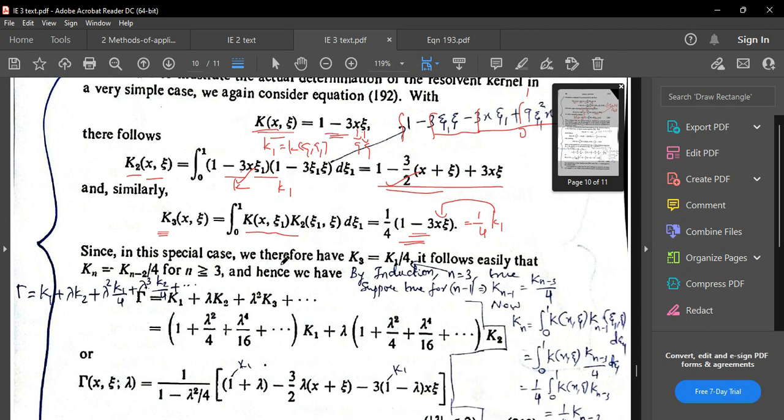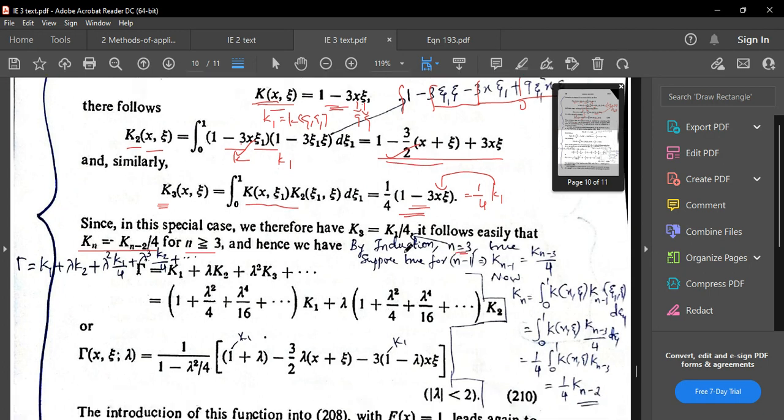So what will we get? We will deduce this formula for n greater than or equal to 3 by induction. When n is equal to 3, we have this, and it is true. So n is equal to 3 is the first step. Suppose it is true for n minus 1, that is k n minus 1 is equal to k n minus 3 divided by 4.